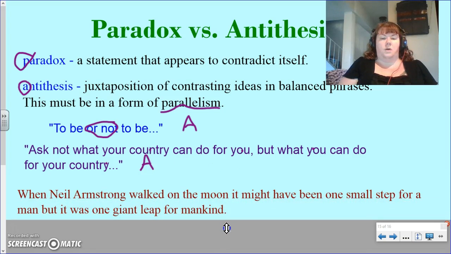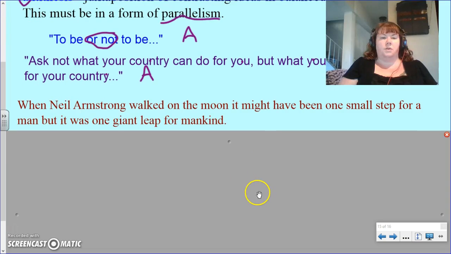Okay, next one. Scrolling up. When Neil Armstrong walked on the moon, it might have been one small step for a man, but it was one giant leap for mankind. Looking at this, it's talking about a small step versus a giant leap, so we have those contrasting small versus big ideas in there.